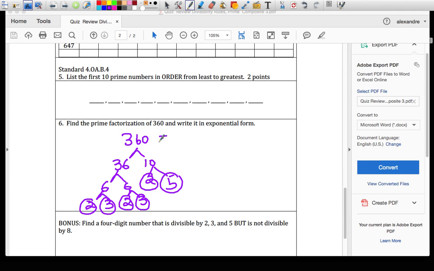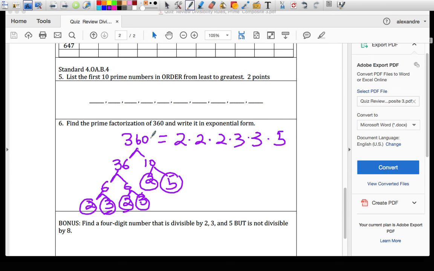So another way of saying 360 using only prime numbers, it's 2 times this 2 times that 2 times this 3 times that 3 and times 5. So we are rewriting a composite number as a product of prime factors.